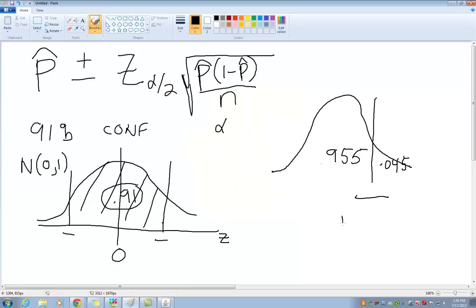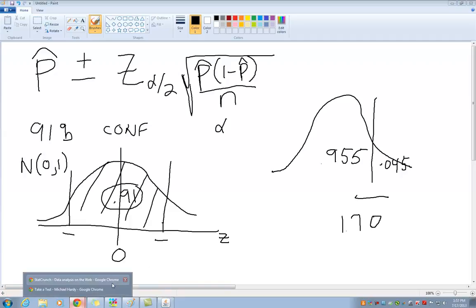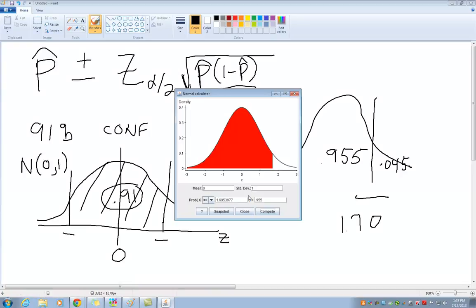And so that is the answer to our z alpha over 2, 1.70. Just one thing back in here.